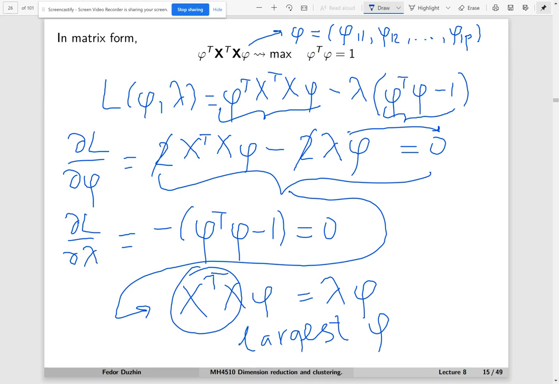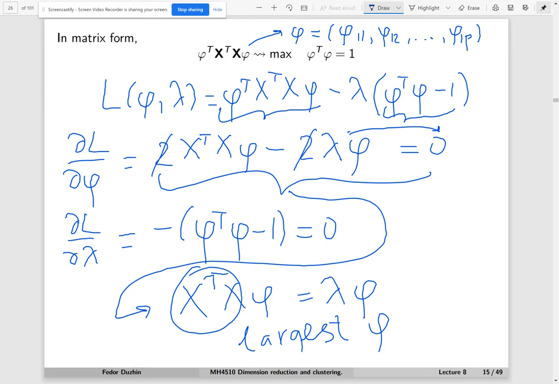So the second loading is going to be the eigenvector corresponding to the second largest eigenvalue. The third loading is going to be the eigenvector corresponding to the third largest eigenvalue, and so on and so forth. And this is one of the important applications of eigenvalues and eigenvectors in statistics, to do this principal component analysis.